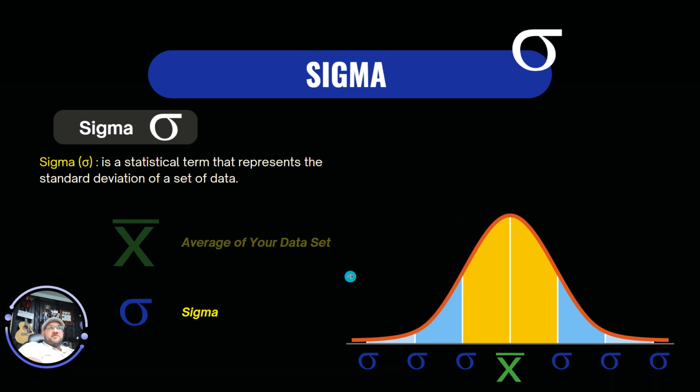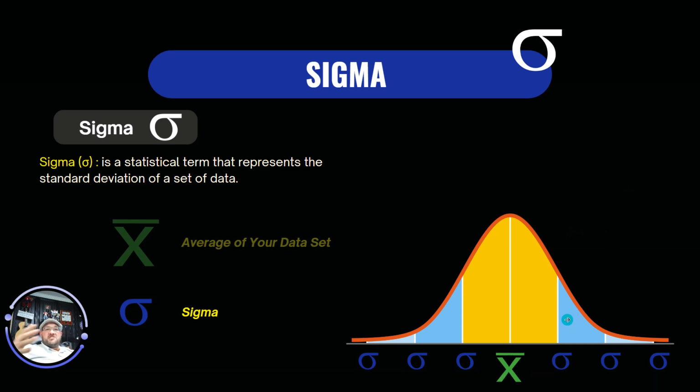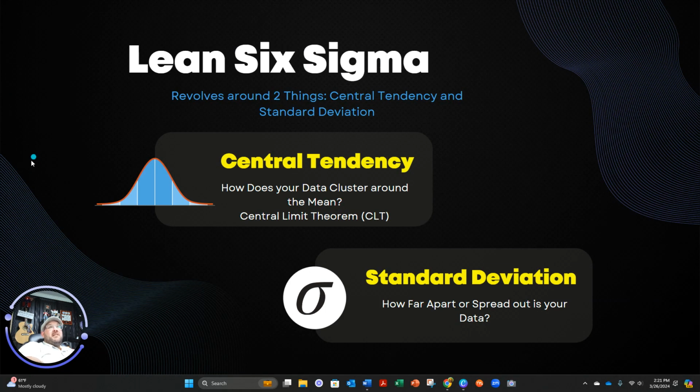We can talk about how this becomes a performance metric later on, but understand the difference between X bar, which is average, and the sigma values, or the spread in the data. Lean Six Sigma, again, revolves around these two principles: central tendency, which is called the central limit theorem, CLT, and standard deviation, or sigma value.